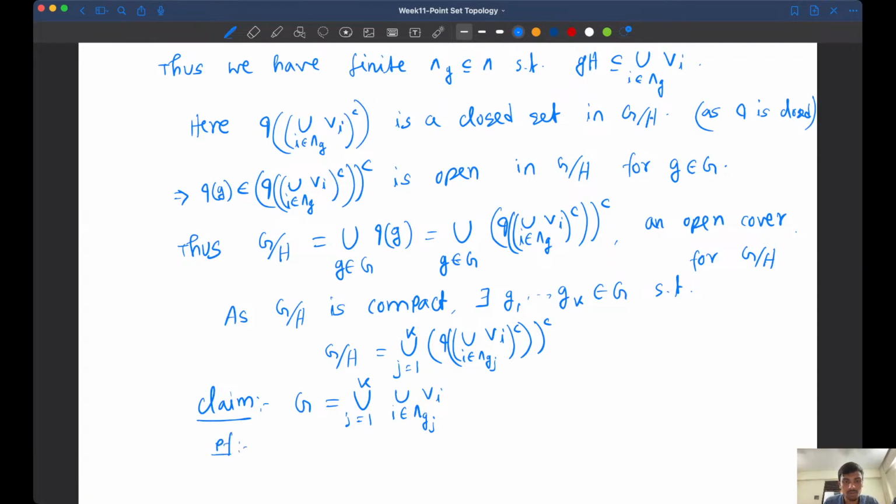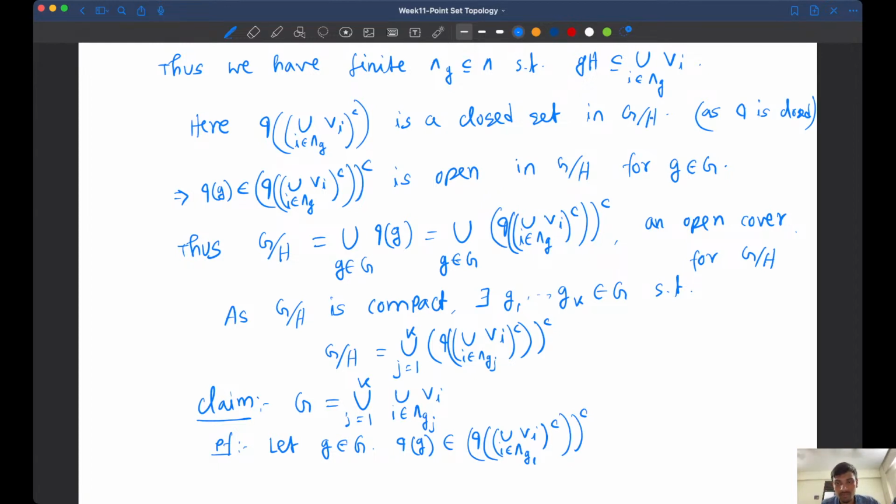So let g belong to G. Then Q of g also belongs to the union, as these sets cover G mod H, and Q of g is an element of G mod H. So there exists some l such that this belongs to the complement of Q of the complement of the union over i belongs to lambda_{g_l} of V_i, right?